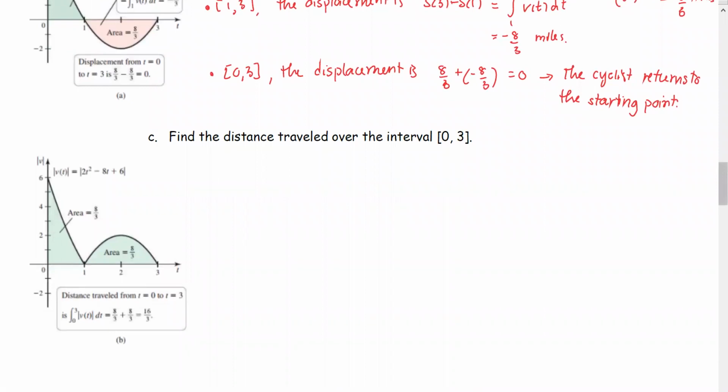Part C, find the distance traveled over the interval 0, 3. We are going to find the total distance.